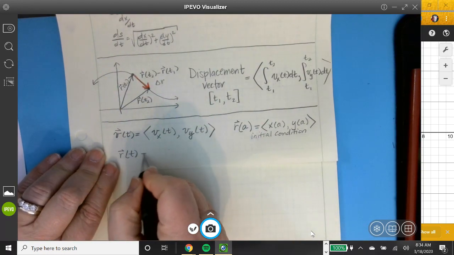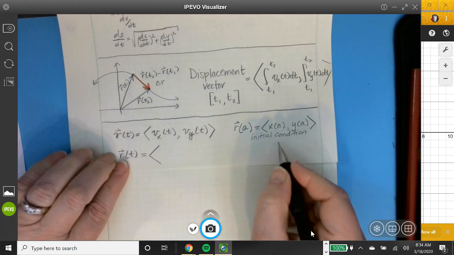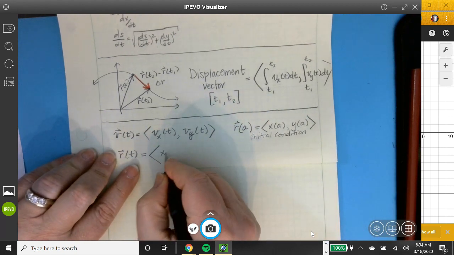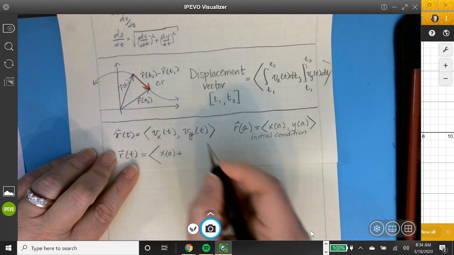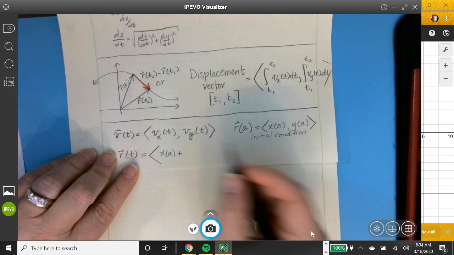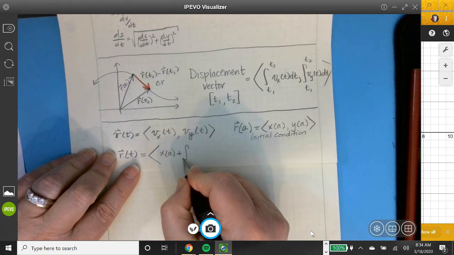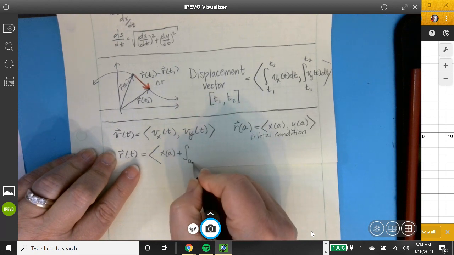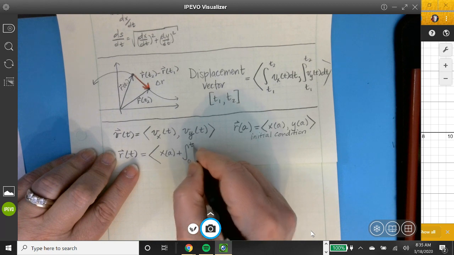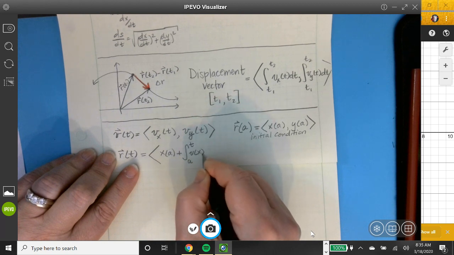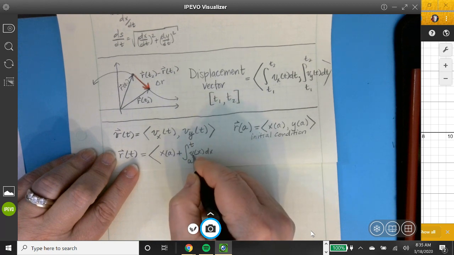Is going to be equal to my initial condition, which is x of a, plus the net change of my x component here. So that's going to be the integral from a to some t of v of x dx, right? Because I got to use a different variable here.